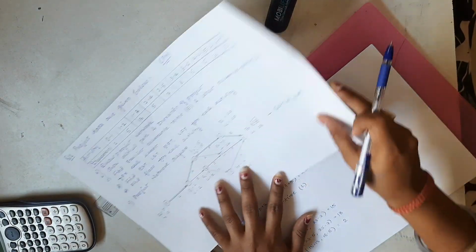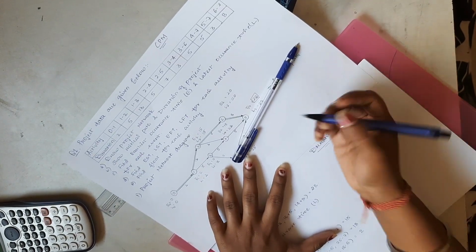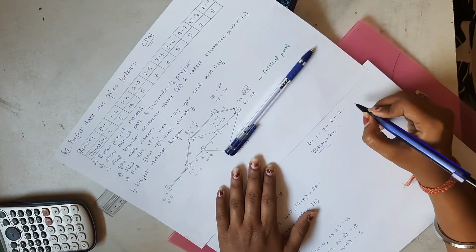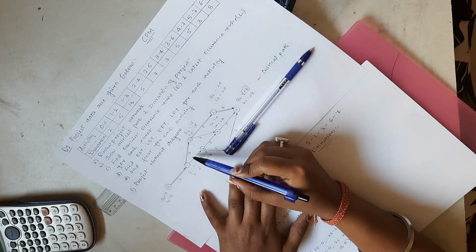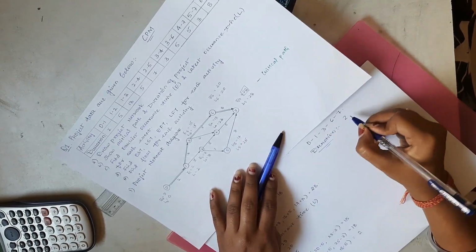You don't need to calculate and write it here. It would obviously be the maximum duration. But in case you need to verify it, it would be 2 plus 13 plus 5 plus 8, which is 28. So just need to write simply 28.